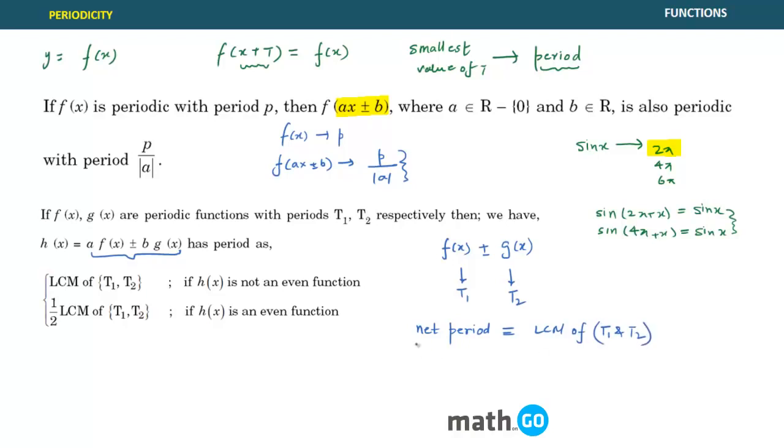And if this net function that you obtain becomes even, I'll also explain what is even, then the answer is 1 upon LCM of these two. Don't worry, we'll just do it in the questions. I'm just revising the concepts for you.